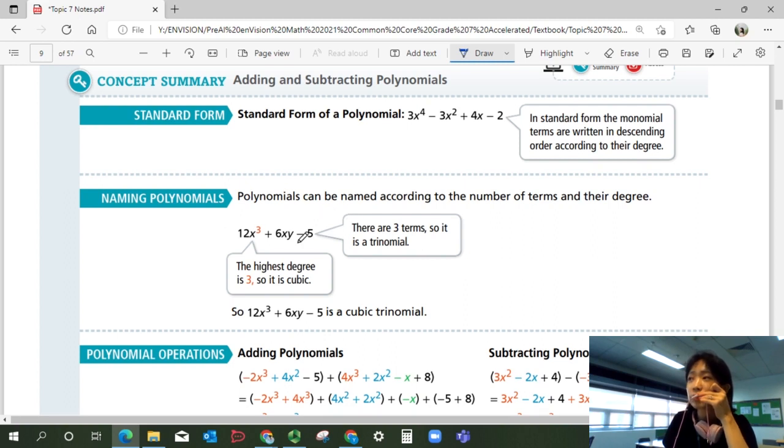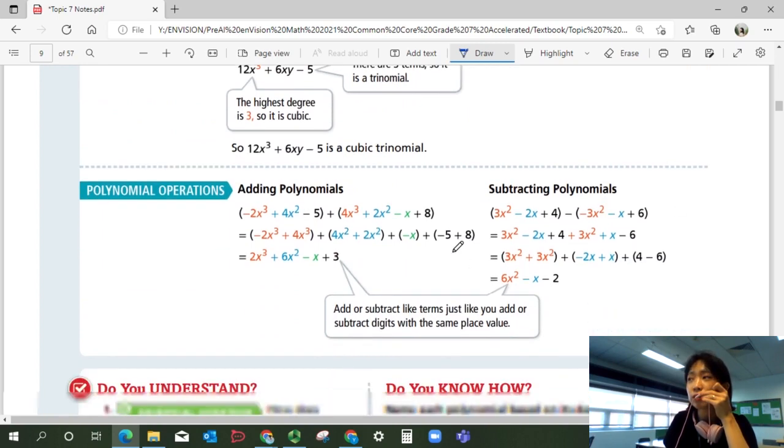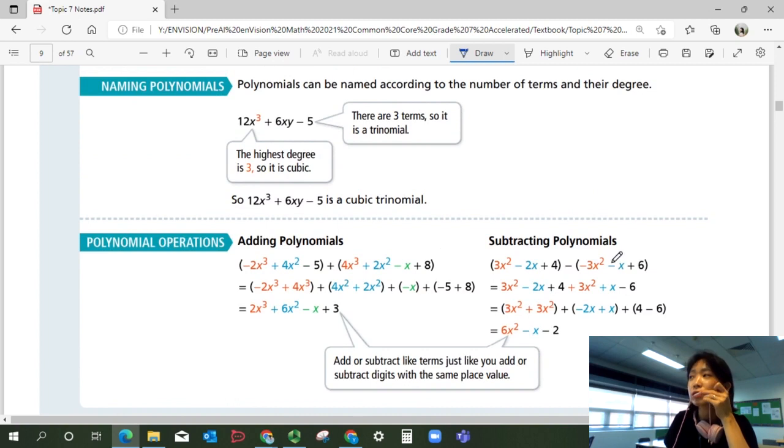So this one would be a cubic, with the degree, and then trinomial, with the terms. Okay. And adding polynomials, subtracting polynomials, you just have to add the like terms, subtract the like terms. Just make sure you're distributing your negative sign when you're doing subtraction.